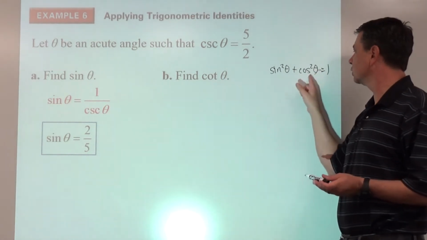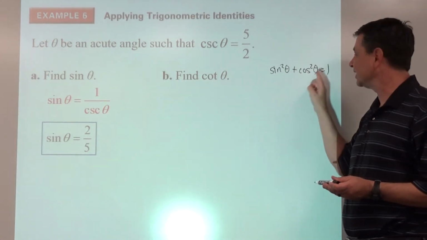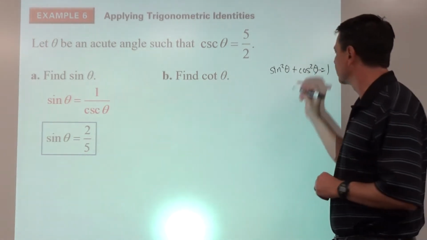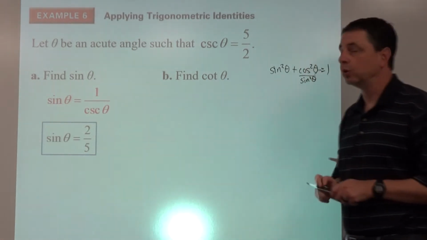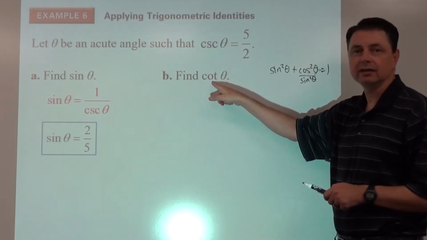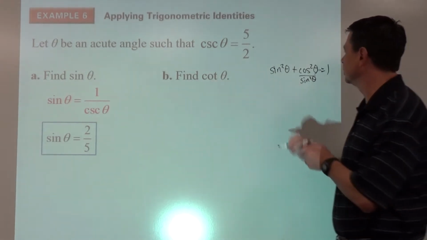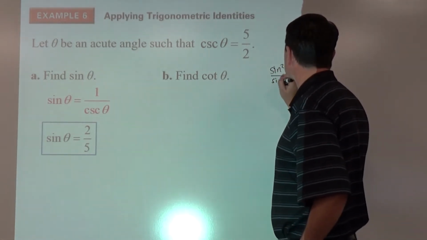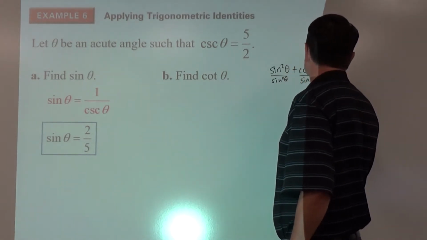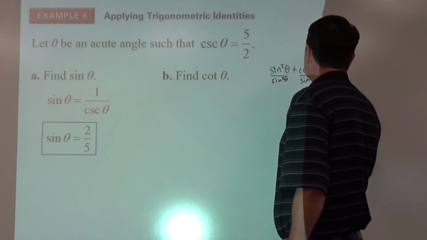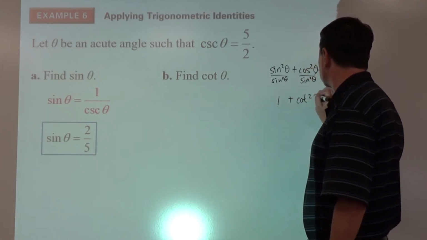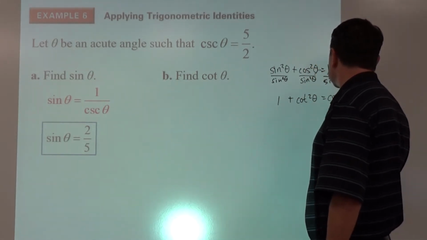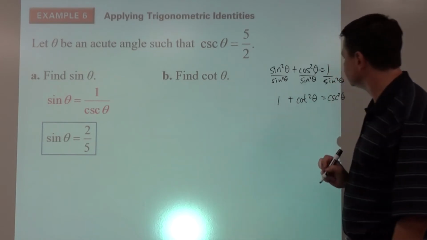Well, if we took cosine squared theta and divided by sine squared theta, that's the quotient identity, we're going to get cotangent squared. But I got to do it everywhere. So doing that, we get 1 plus cotangent squared theta is equal to cosecant squared theta.